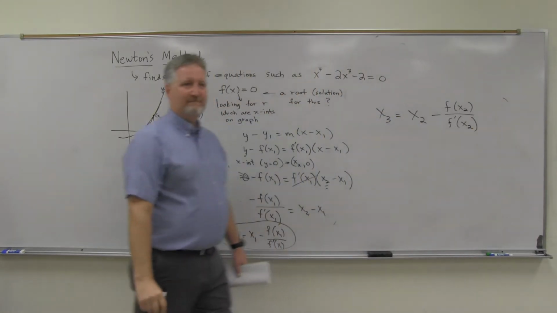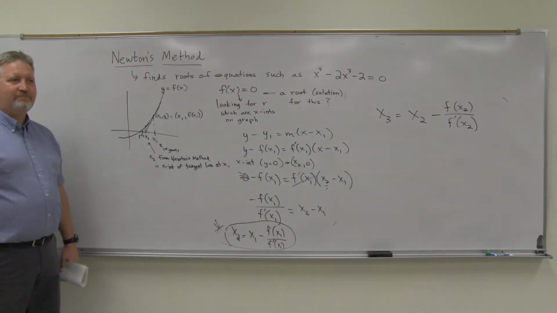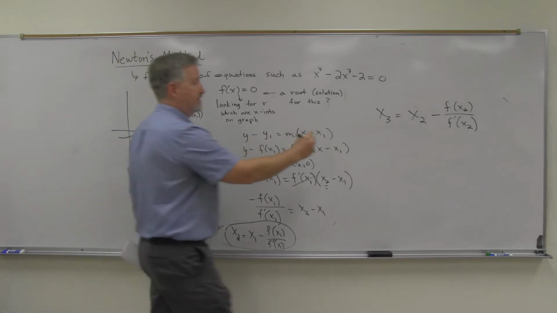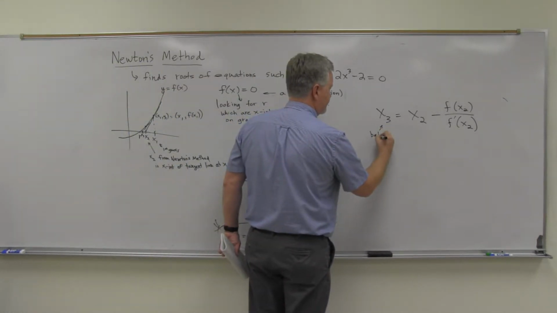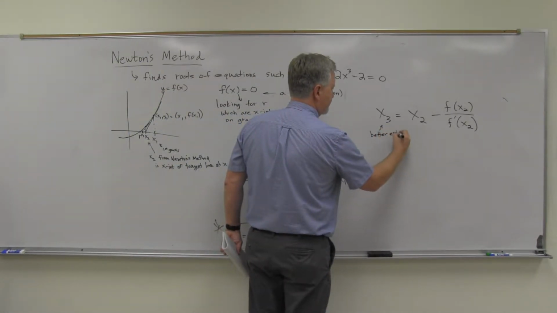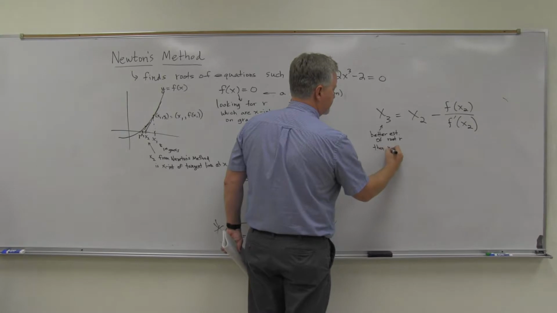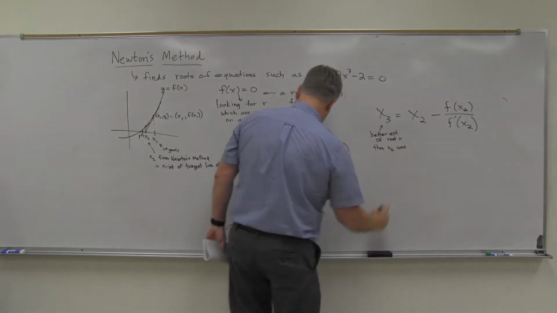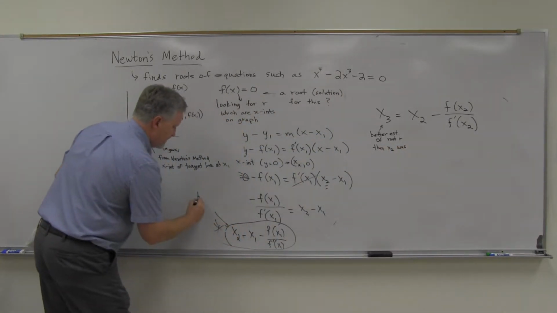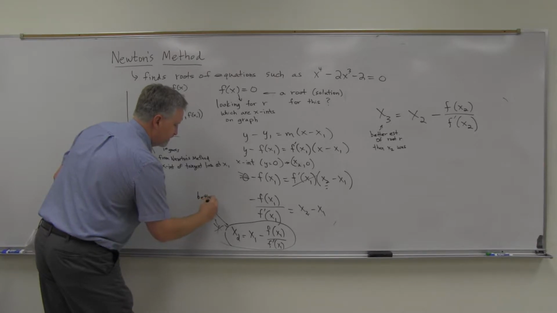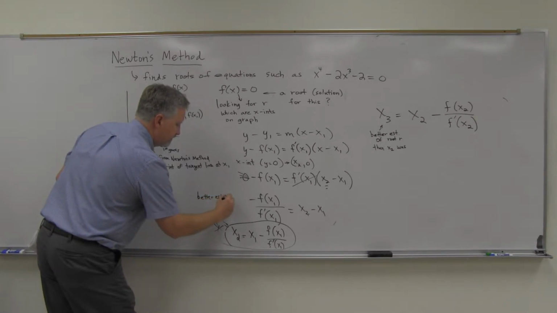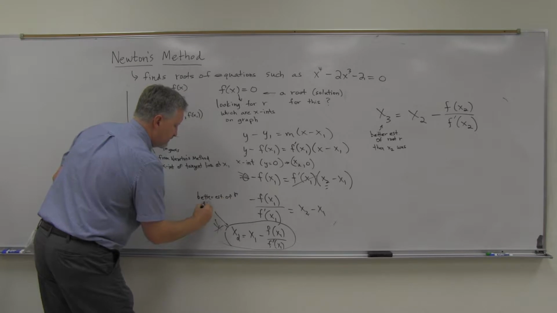See that? And so that's going to be a better estimate of the root, r, than x2 was. x2 was a better estimate of r than x1 was.